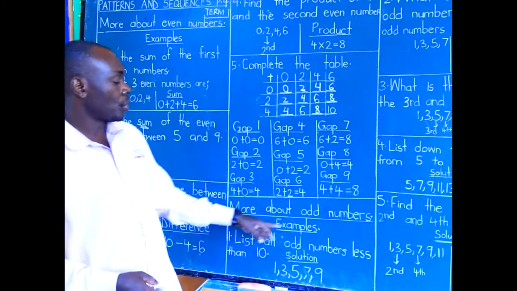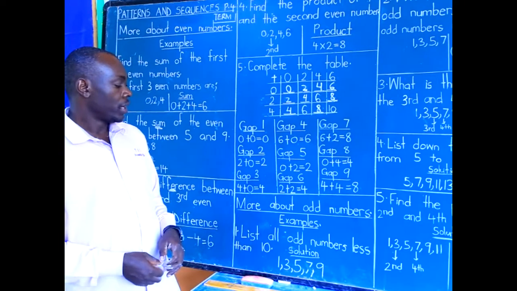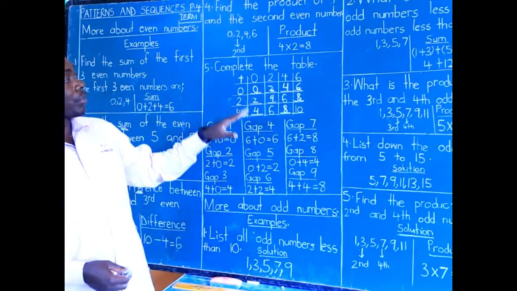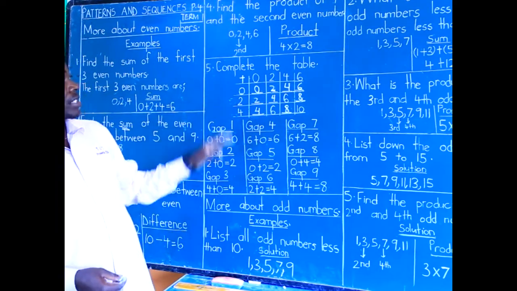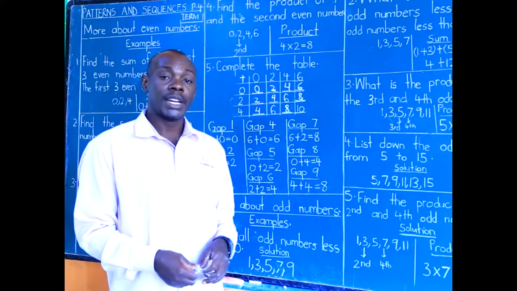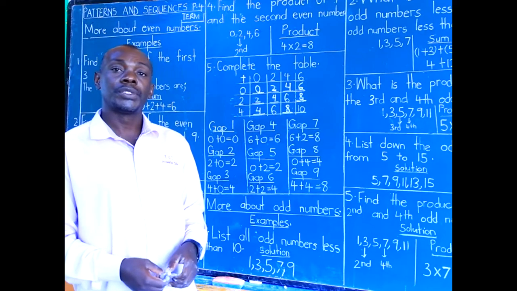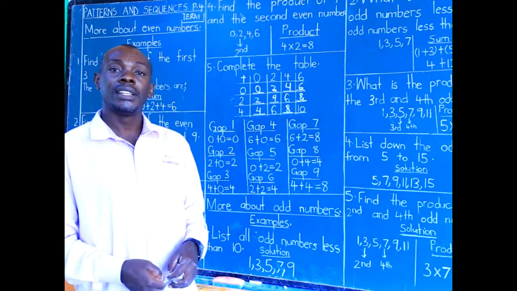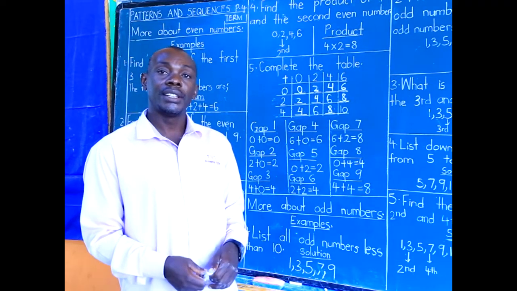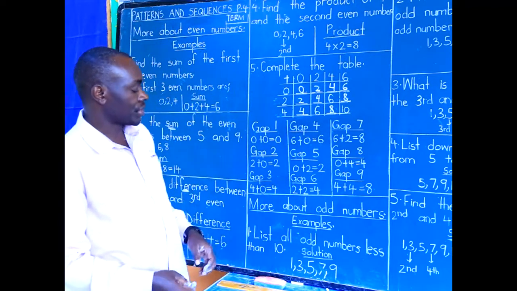Any number we did not talk about in the first category, that is even numbers, is actually an odd number. For example, 1, 3, 5, 7, 9, 11, 13, 15, 17, 19, in that order. Those are all odd numbers.